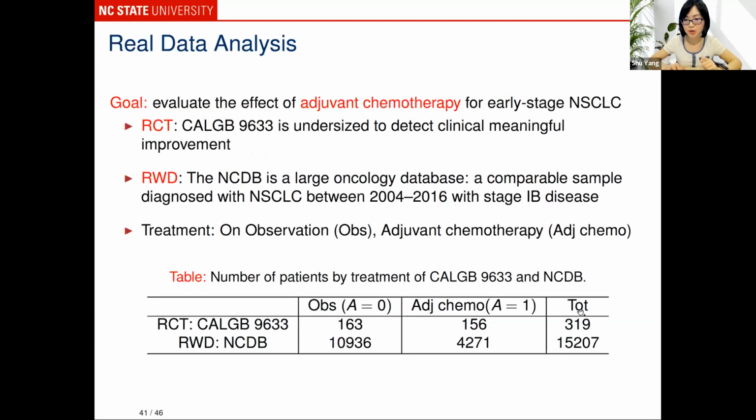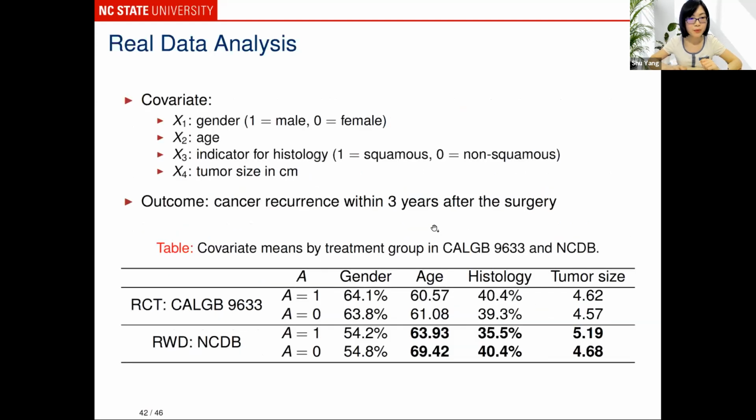You can see the total sample size in RCT is very small, whereas in RWD we have a very large sample size. We consider the following covariates: gender, age, indicator for histology, and the tumor size. And the outcome is cancer recurrence within 3 years after surgery.